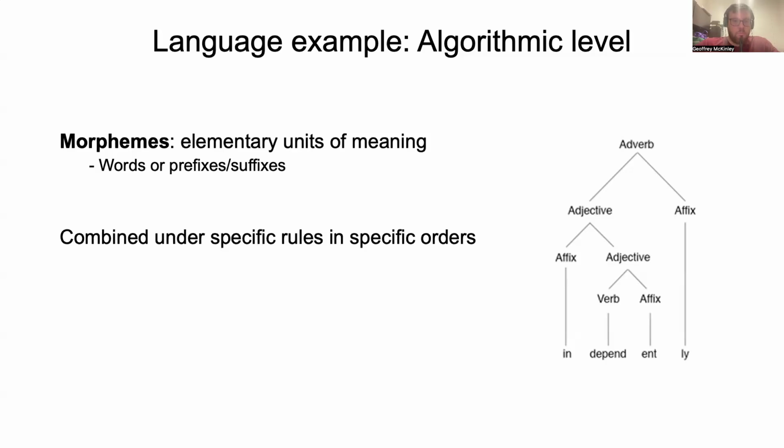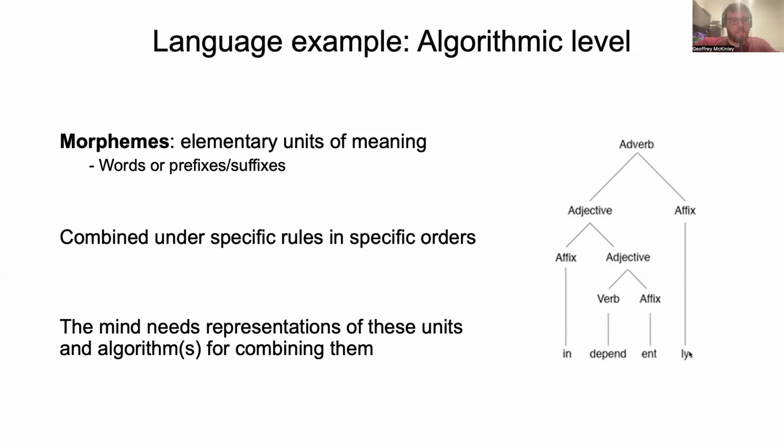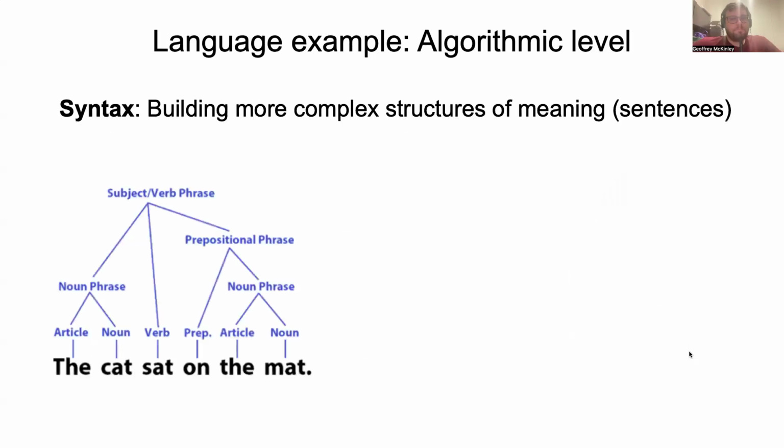You know how morphemes are supposed to combine, but you couldn't really tell me how they combine or what those rules actually are. And the mind needs to represent these units, right? It needs to somehow represent morphemes and the rules of these morphemes. So the algorithm for combining these morphemes.